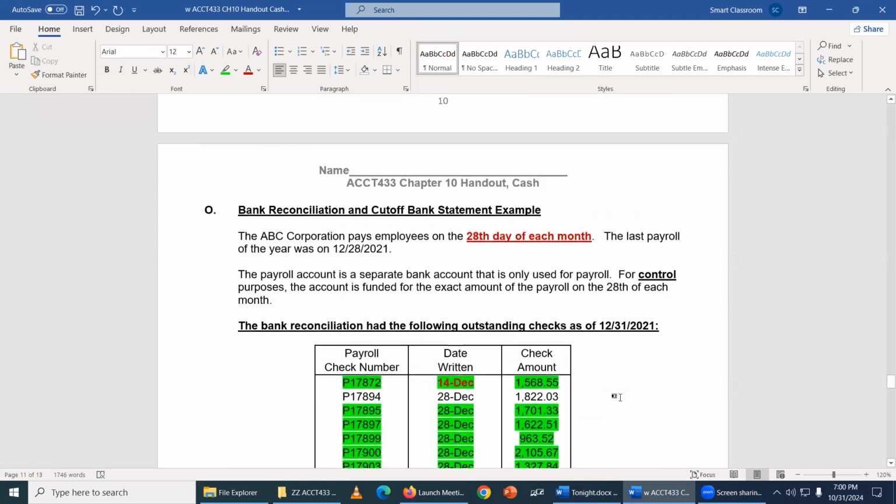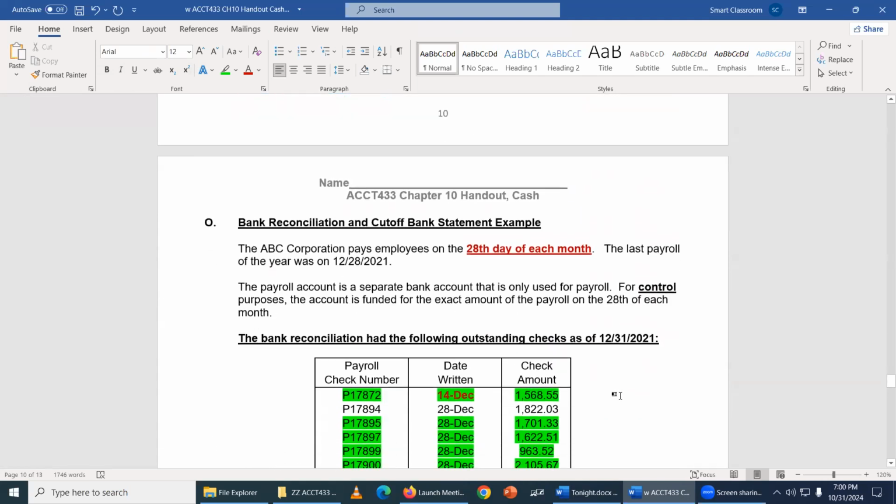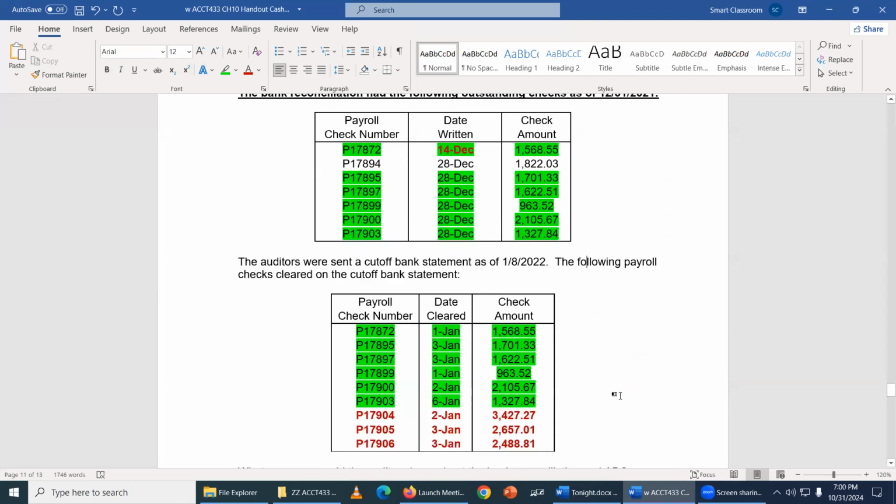And they're telling us that they only write the checks on the 28th of the month. So the question is, where did these checks come from and why weren't they on the outstanding checks?